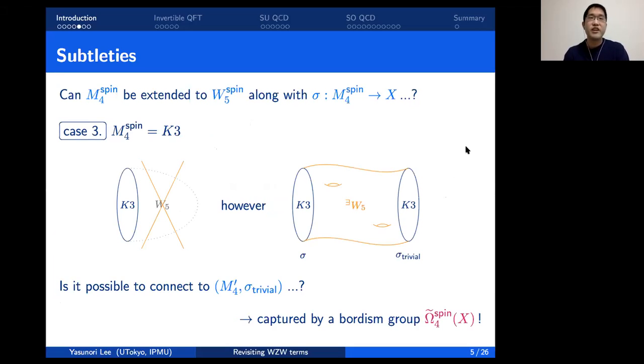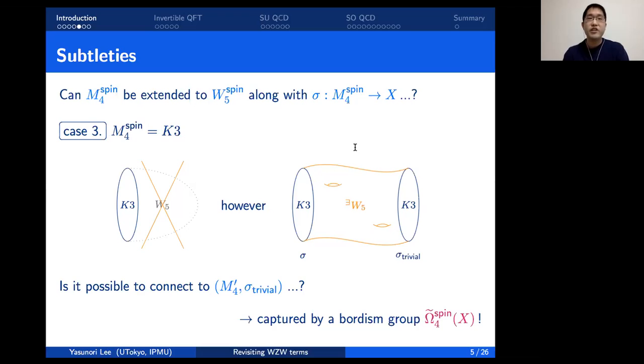Earlier, I said that the auxiliary W5 is bounded by the spacetime manifold M4. But for generic M4, it is not at all obvious whether there always exists such a W5 in the first place. In fact, it is known that a K3 surface cannot bound any one-higher-dimensional spin manifold.